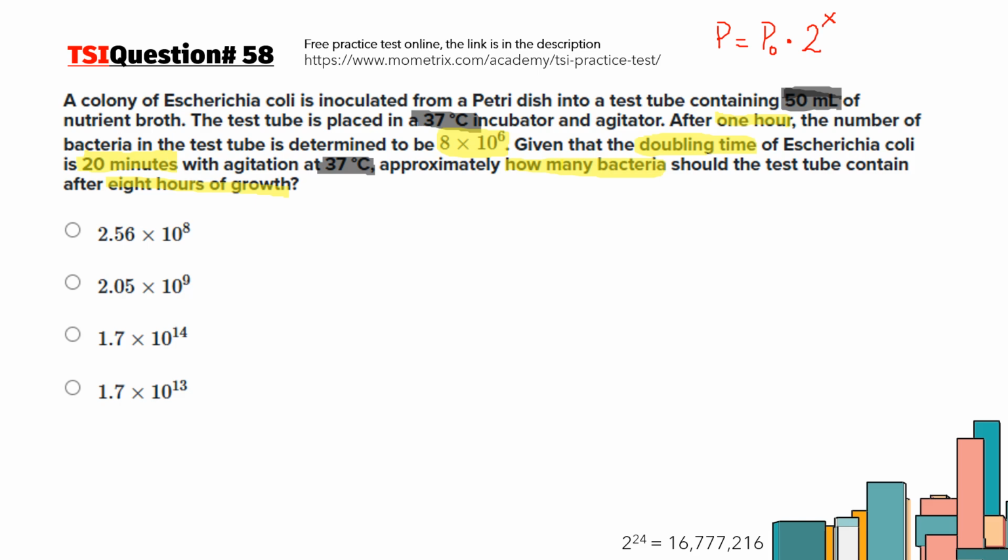Here P is the new population, P naught is the initial population, and x is how many times the population doubles.